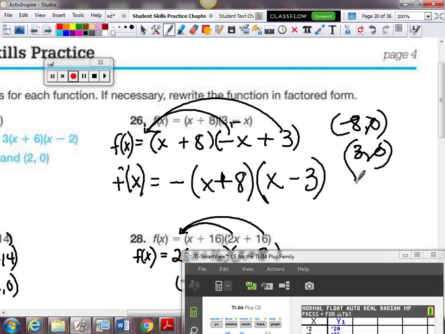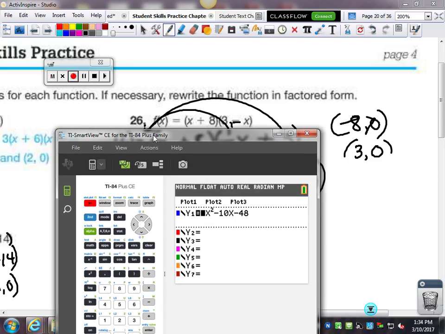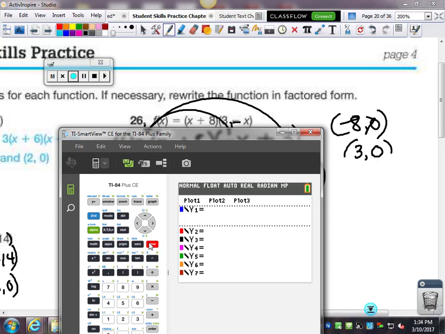And guys, if for some reason you're really not confident in your answers, plug them into your y equals and look at it. So let's say I was not confident in what I did. I could go to y equals, plug in x plus 8 and 3 minus x. And you could look at the graph there.